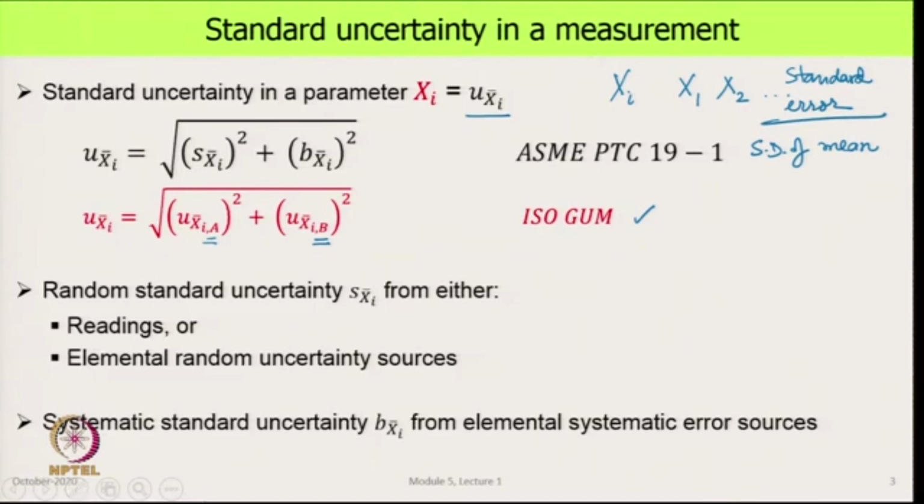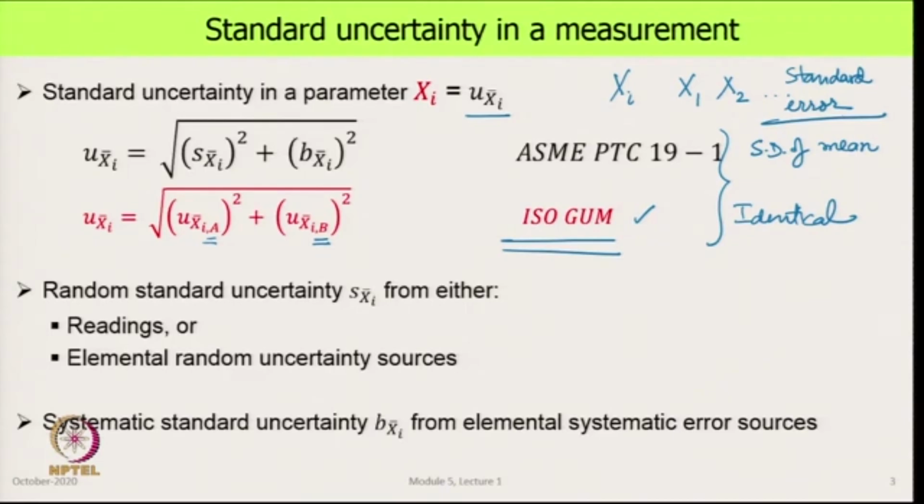No matter which method we choose, they have sufficiently been harmonized, the terms have been made relatively standard, that for all practical purposes these two are identical. In a sense, ISO GUM is now the major standard across the world, and PTC 19-1 adopted itself to become like ISO GUM.